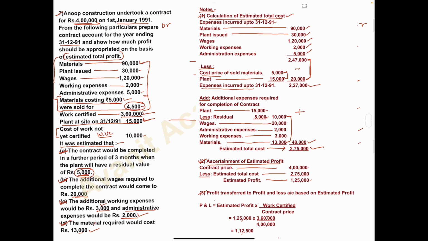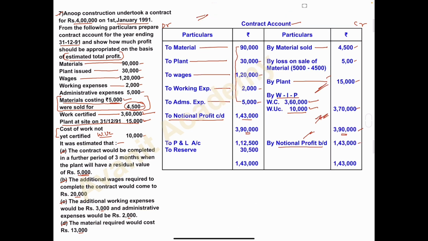Okay, let's go to our contract account. Just now we have calculated the amount of profit to be transferred to profit and loss account. Okay, let's transfer to profit and loss account. To profit and loss account, amount is 1,12,500. Just we have calculated in note number 3. And remaining amount to reserve.